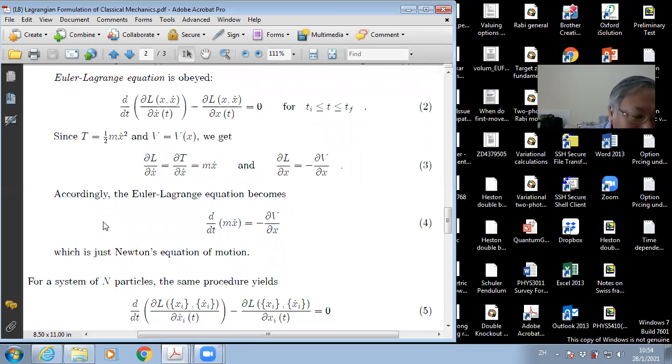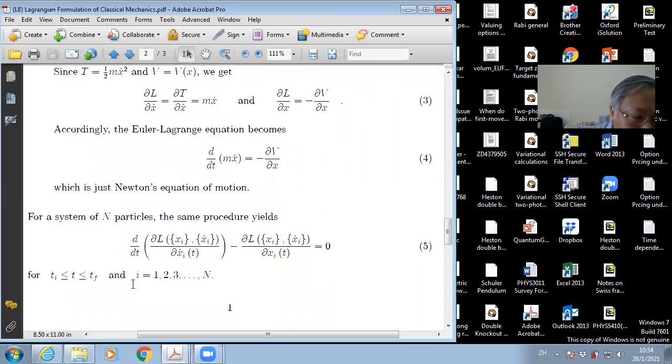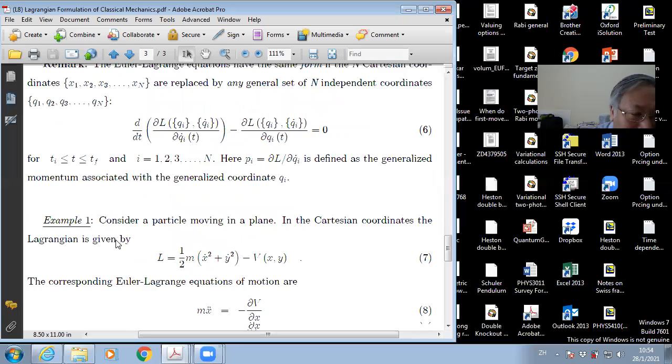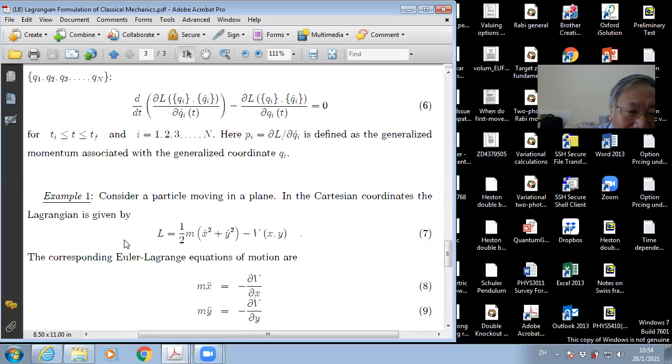All right. Now, for a system of n particles, the same procedure will give a set of n Euler-Lagrange equations of motion. All right. Of course, in general, these n equations are coupled to each other because the particles are interacting with each other. All right.